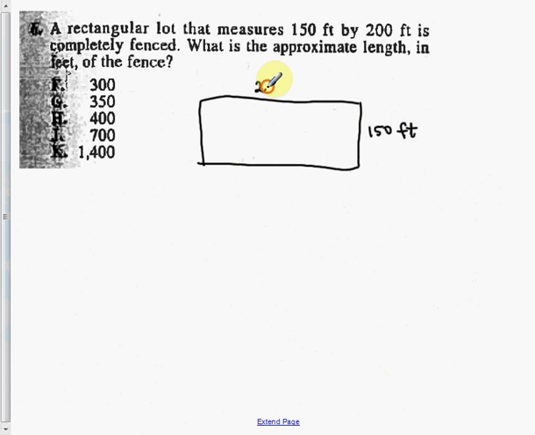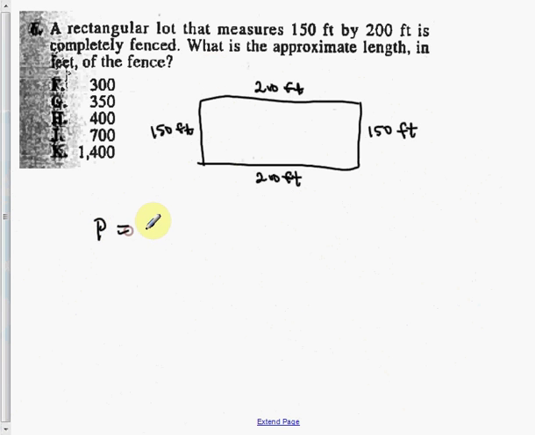This is 200 feet. Well, if it's a rectangle, then opposite sides are congruent, parallel, and equal. So this down here is also 200 feet, and over here, 150 feet. So what's the approximate length in feet of the fence? Basically, what's the perimeter?